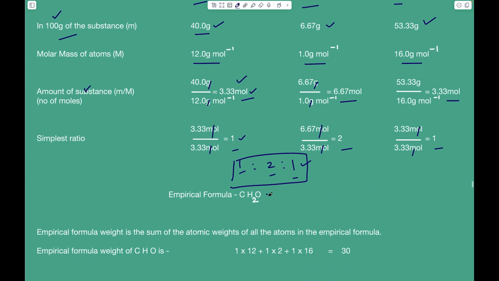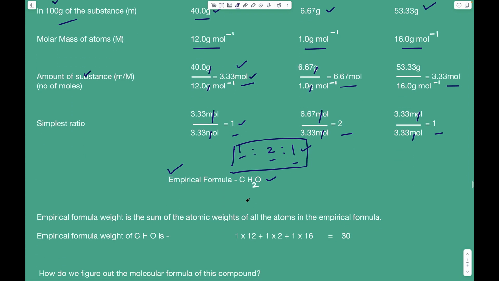And if you write a formula with the subscripts in the simplest possible ratio, it is called its empirical formula. So the empirical formula of this unknown compound is CH2O. It tells that for every carbon atom in that molecule, there are 2 hydrogen atoms and 1 oxygen atom.